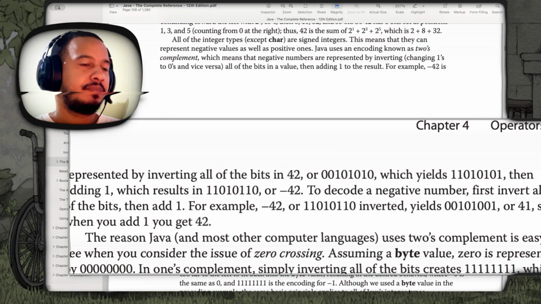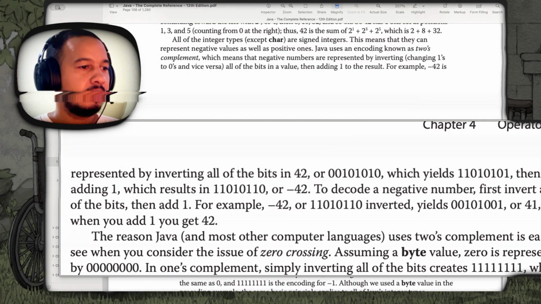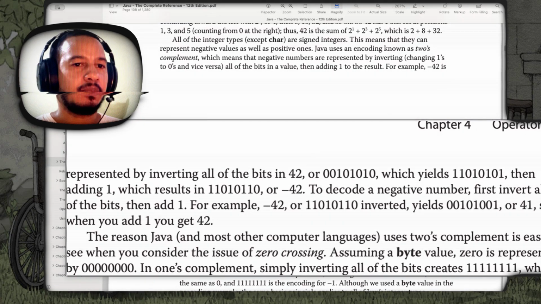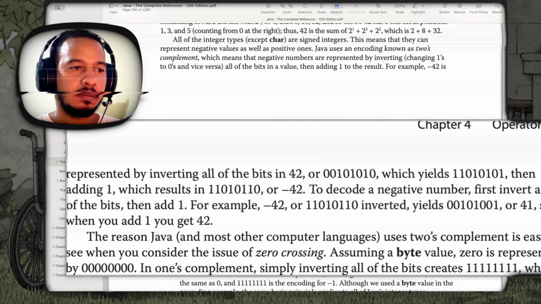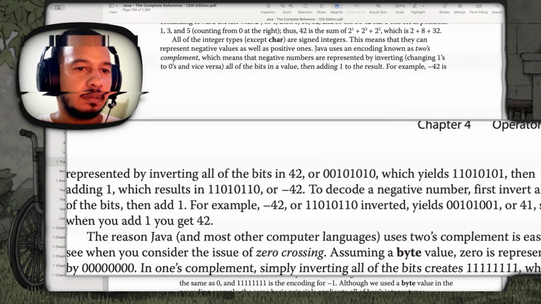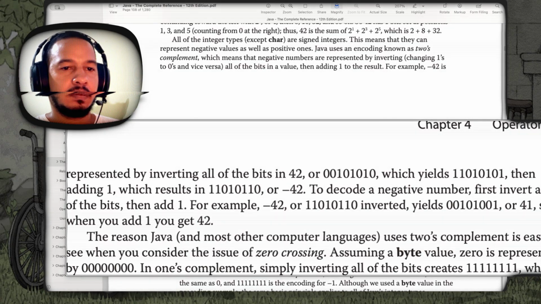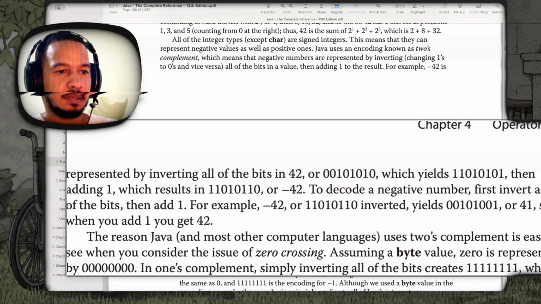Then adding 1, which results in 1, 1, 0, 1, 0, 1, 1, 0.